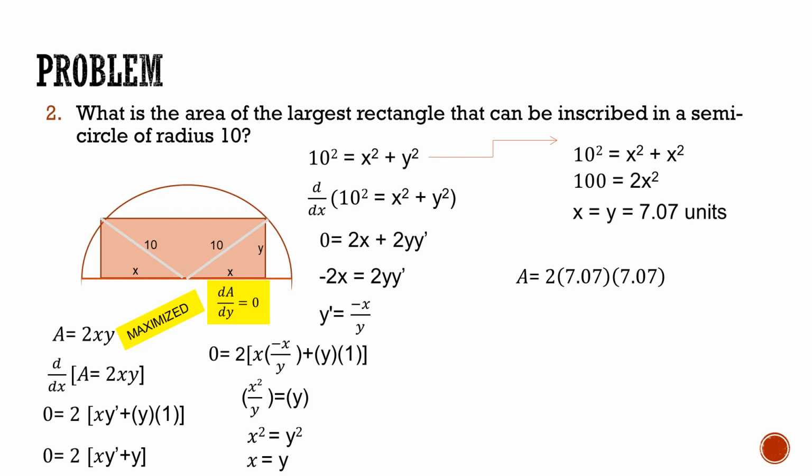So for the area, we have 2 times 7.07 times 7.07, we have actually 100 square units. So this is the largest area of the rectangle that can be inscribed in this semicircle having a radius of 10 units.